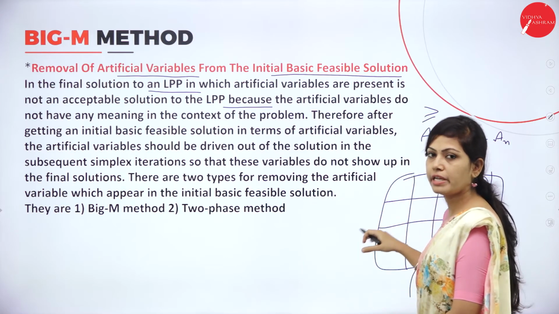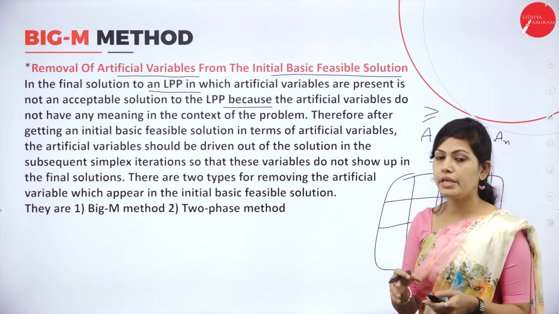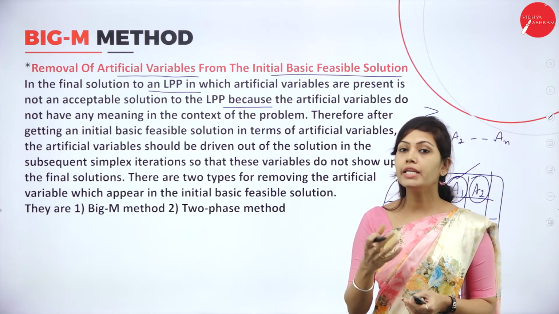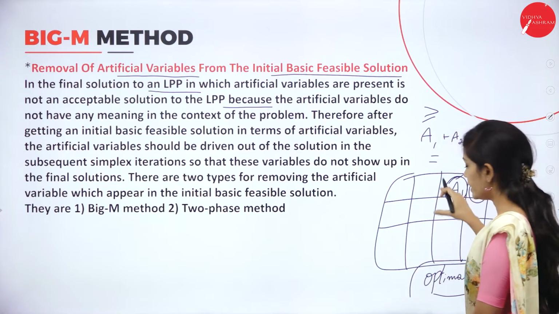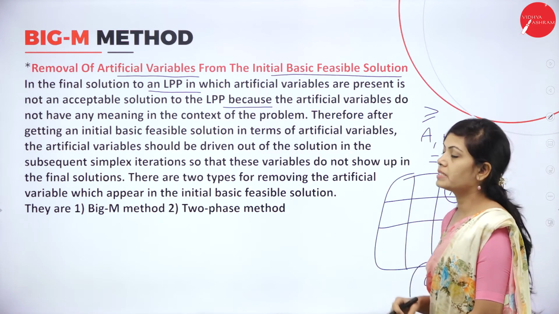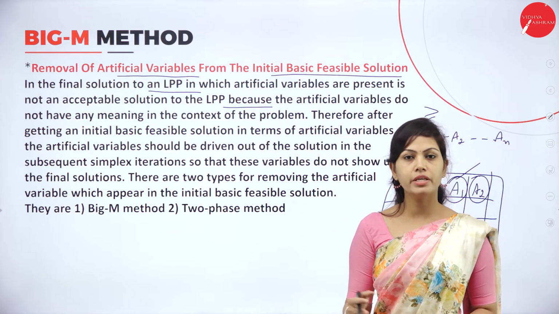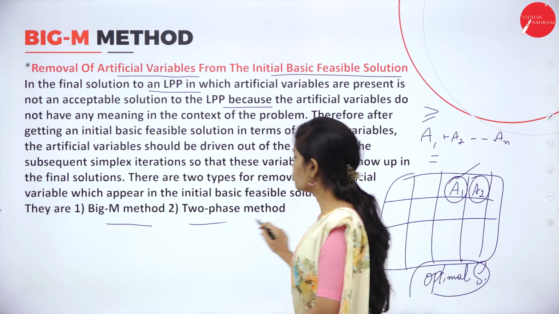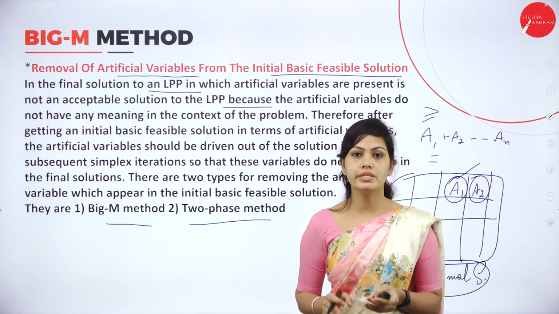We add the artificial variables only for getting the initial basic feasible solution, so we have to erase them in every iteration. So how to delete these artificial variables A1, A2, A3, etc.? By using the Big M method and the two-phase method, we can delete these artificial variables in every iteration.